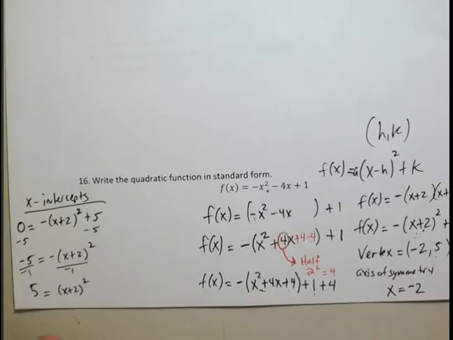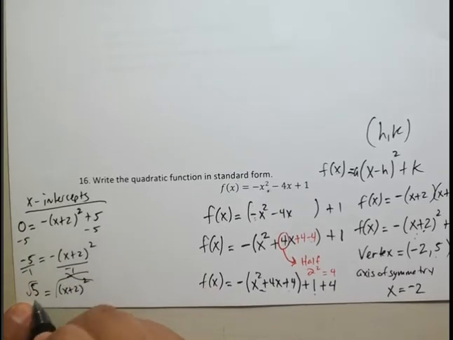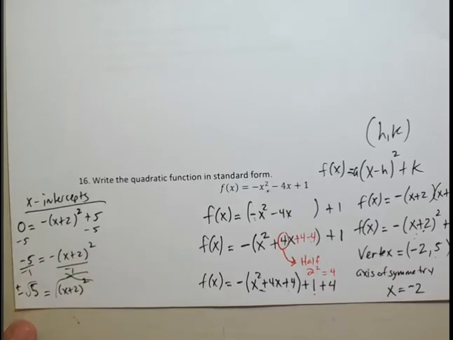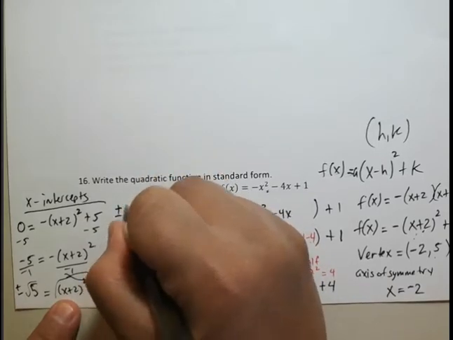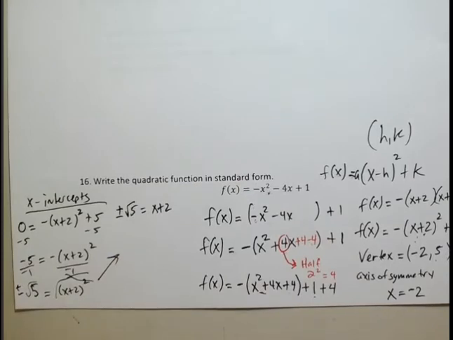Take the square root. So since we're taking the square root here, it's plus or minus the square root of 5. I'm going to continue up here. X plus 2. Subtract the 2.